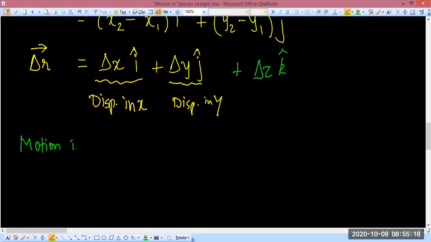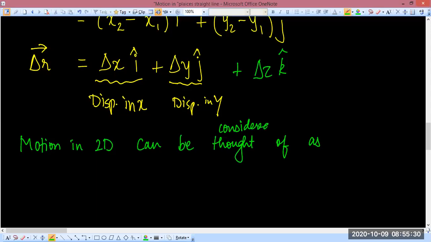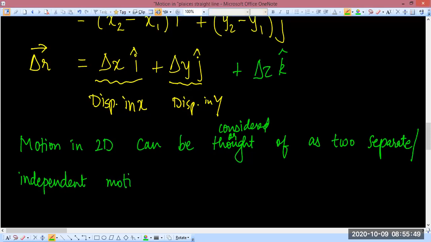Motion in 2 dimensions can be thought of or considered as two separate or two independent motions, all right, one in the x direction and the other in the y direction. Did you understand this sentence?